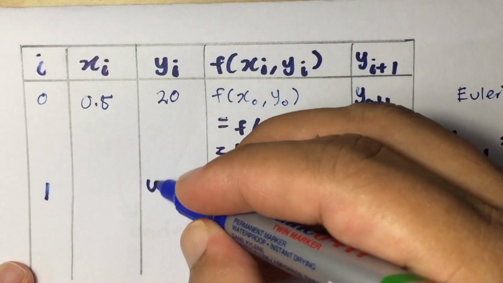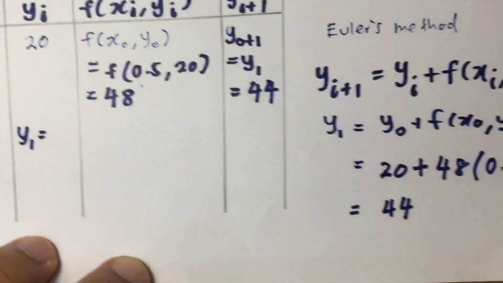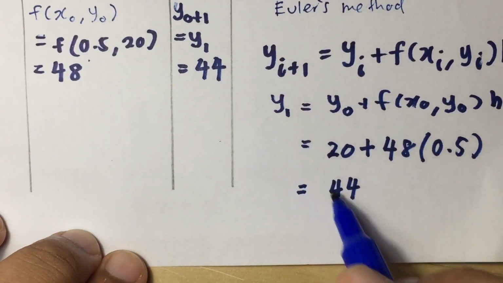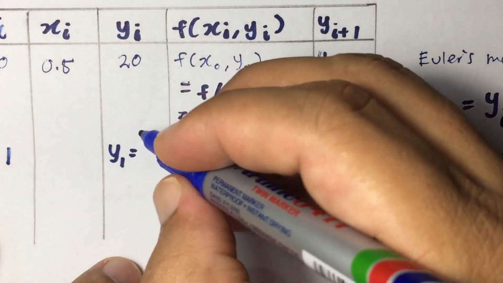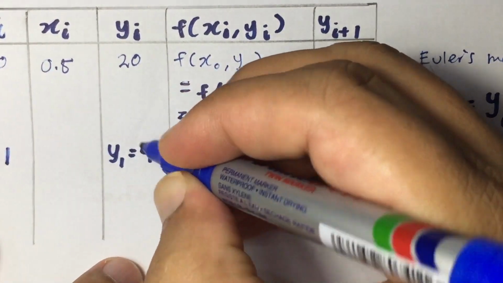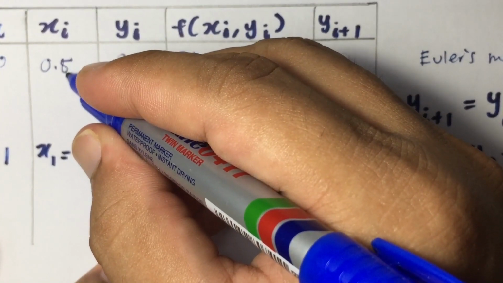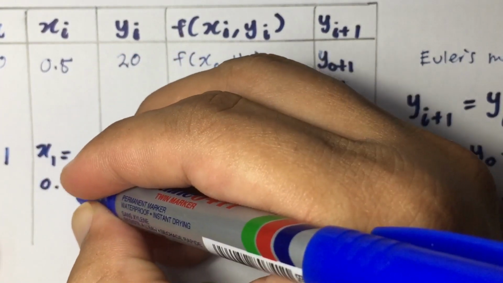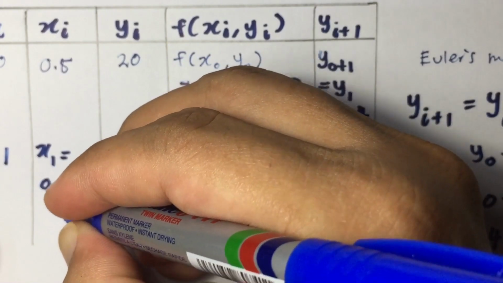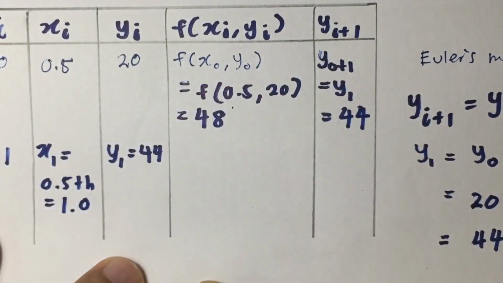The x_1 is actually 0.5 plus h, which is equal to 1.0.